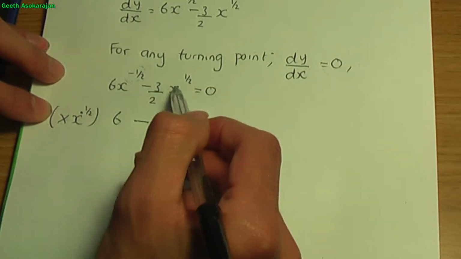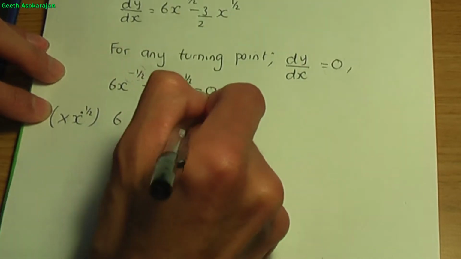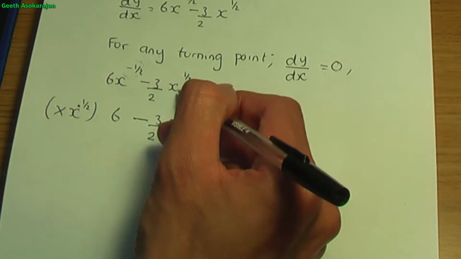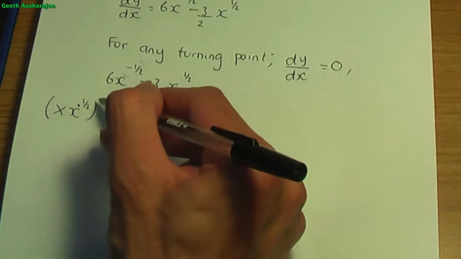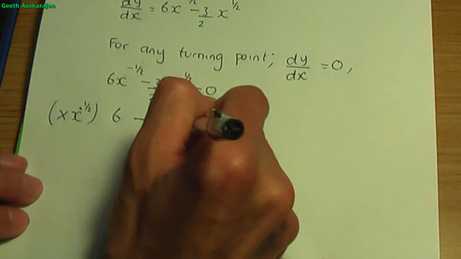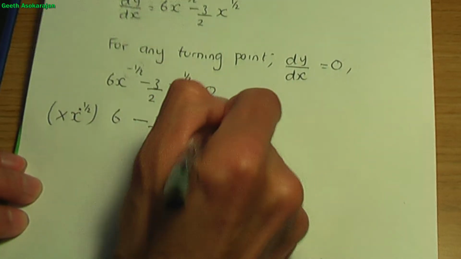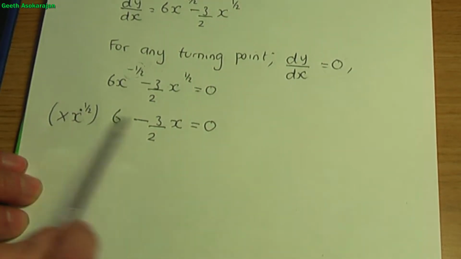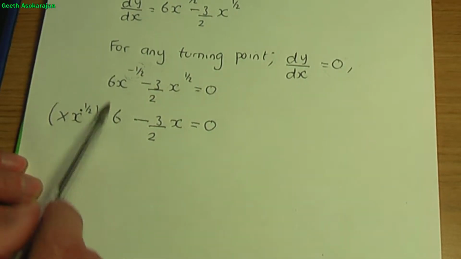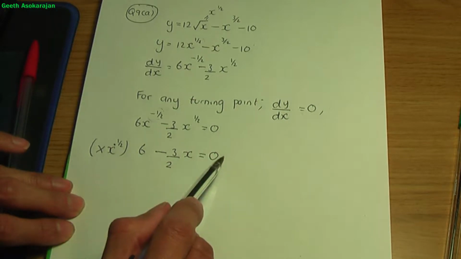X to the power of half times another x to the power of half is going to be x to the power of 1. So when you multiply two terms of the same base, remember we add the powers, so half plus a half is 1. That is equal to 0 times x to the half is 0. So what I did over here is to get rid of that negative half power, multiply by x to the power of plus half.